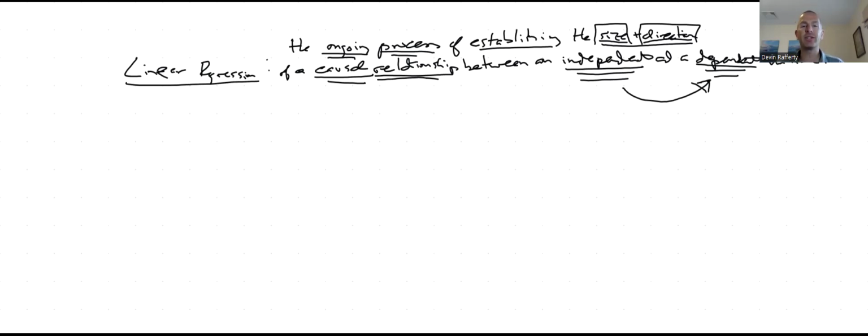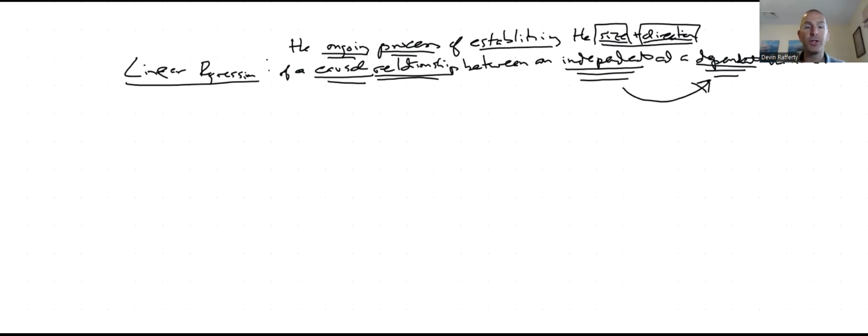And then the second thing to do is to establish the size of it. Okay, what it means by size is, when one goes up, how much does the other go up by? Because what we're going to try to do here is the ongoing process of establishing the size and direction of the relationship between an independent and a dependent variable.